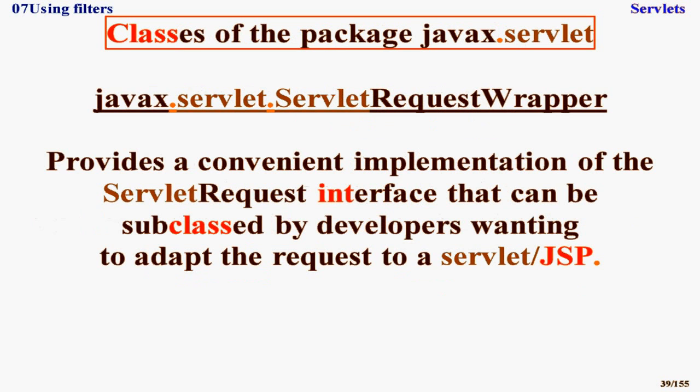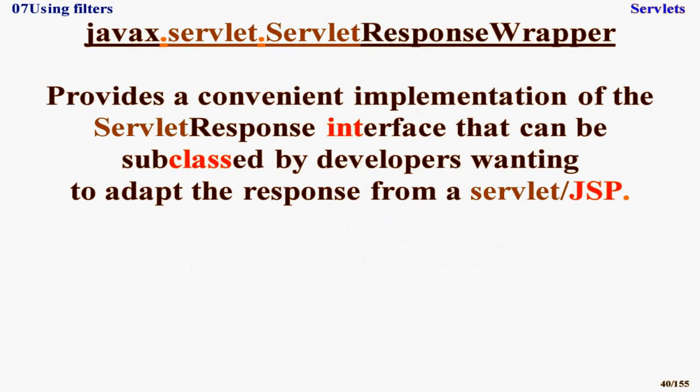Classes of the package javax.servlet. ServletRequestWrapper provides a convenient implementation of the ServletRequest interface that can be subclassed by developers wanting to adapt the request to a servlet. ServletResponseWrapper provides a convenient implementation of the ServletResponse interface that can be subclassed by developers wanting to adapt the response from a servlet.